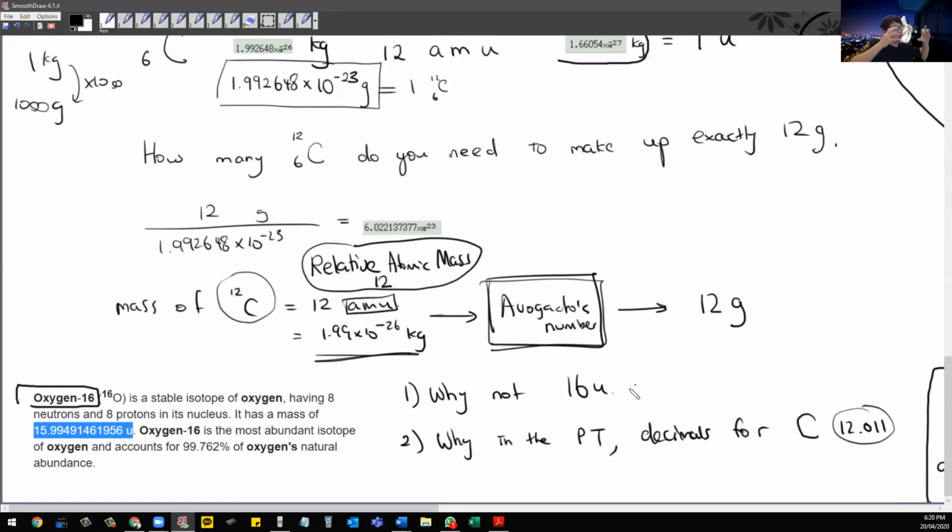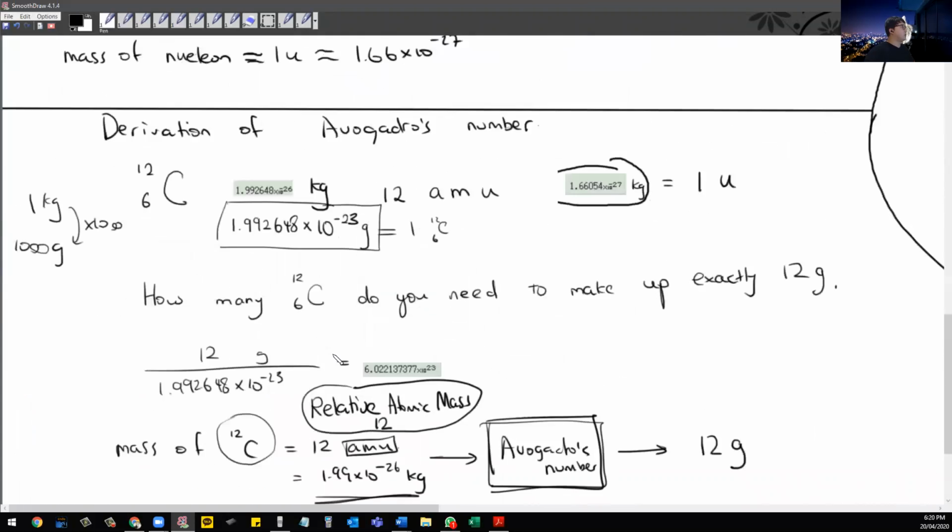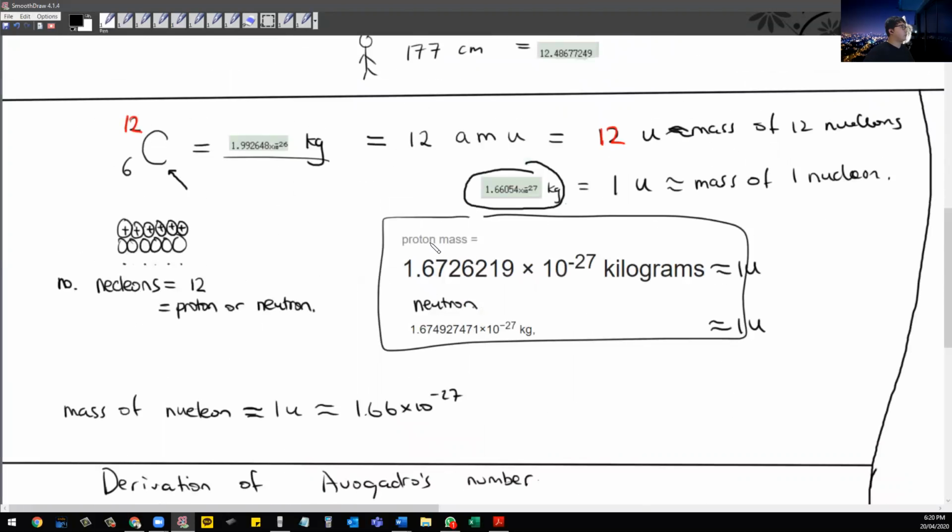As I said before, we learned that the proton's mass is this, the neutron's mass is this, but when you divide the carbon's mass by 12, you get that. That is similar to the mass of this and this, but not quite, right? And what was the reason for that again?